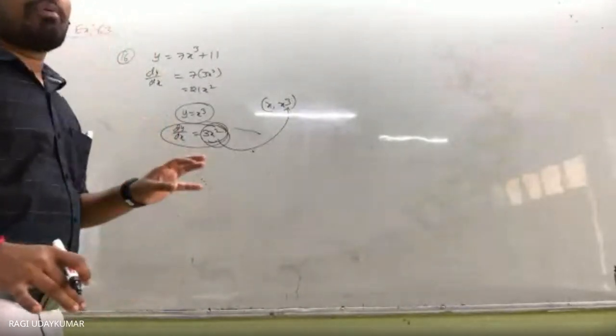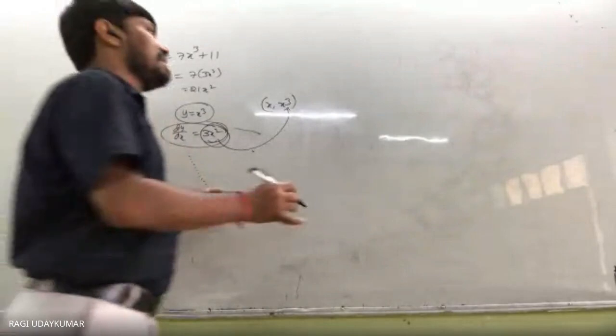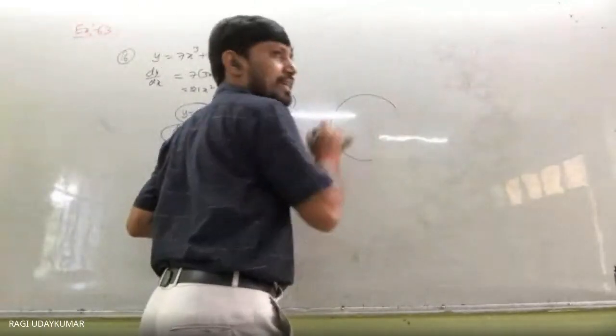So that particular point ka means, suppose here it is given to you a curve है y equal to x³ का curve.